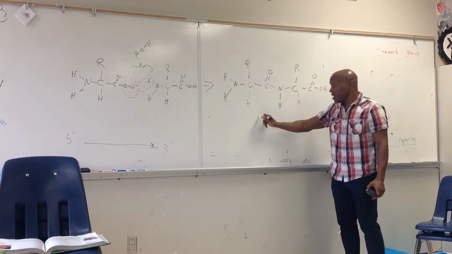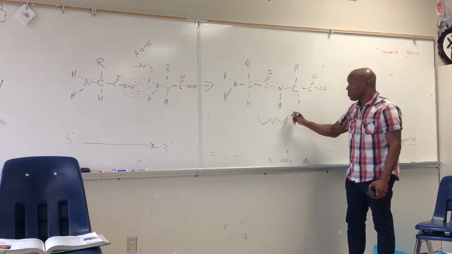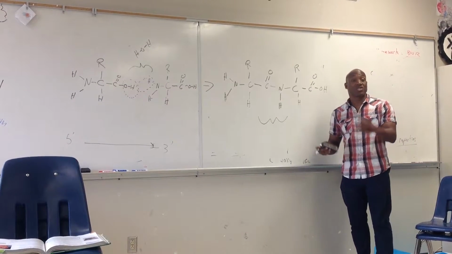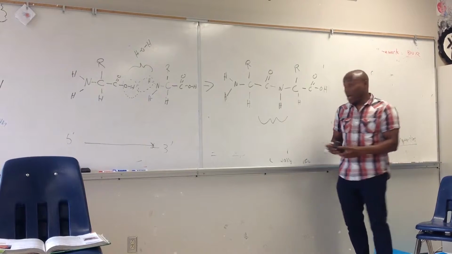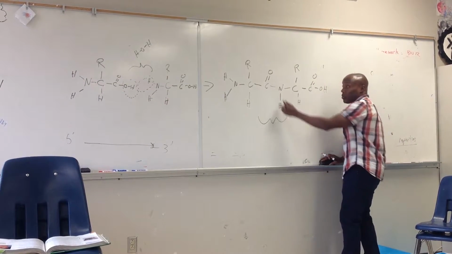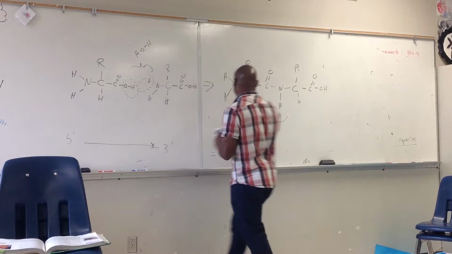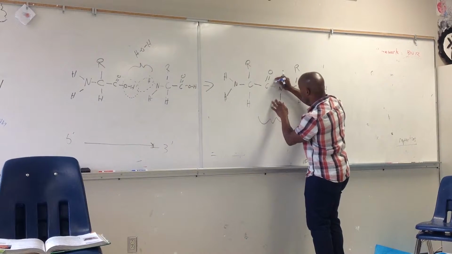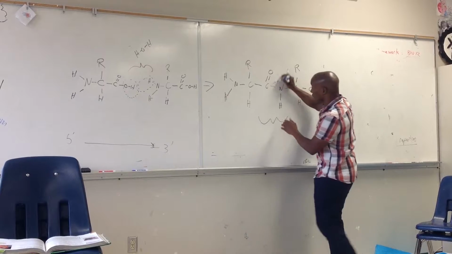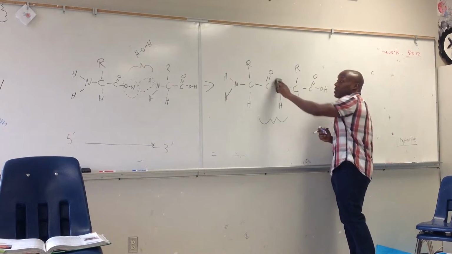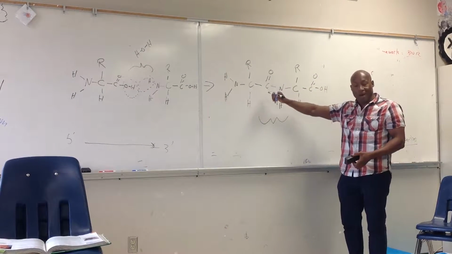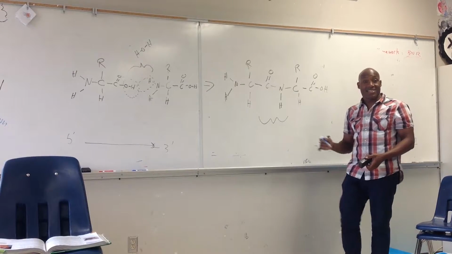Okay? So look here. This is the place where the two amino acids were joined together. They were joined together by pulling away the OH that was here. I'm going to dot that in. The OH that was here and the H that was there got pulled away, and a new bond was formed.